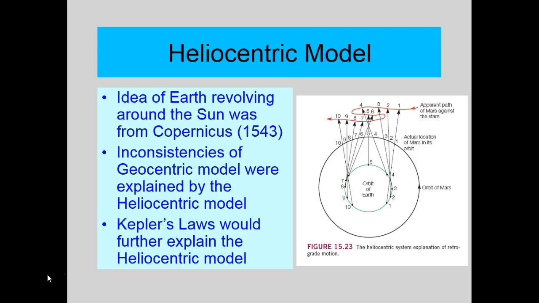Kuiper. Gerard is Gerard, and Peter is Peter. Okay. He was Dutch-born, but did most of his work in the U.S. And the belt, the comet belt, was named after him. Pretty fascinating character.